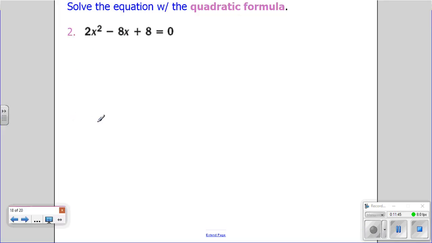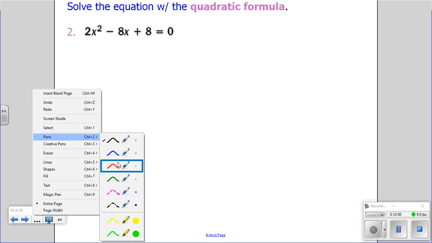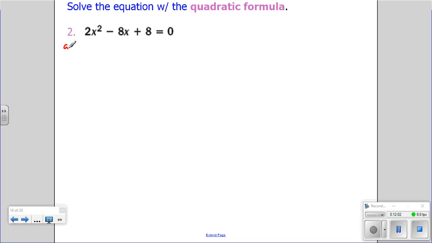All right, for number 2, 2x squared minus 8x plus 8 equals 0. Look at that. They've already done the first step for us, which is make sure it equals 0. So now I just have to establish my ABCs. A being 2, B is negative 8, C is 8. Now we find the discriminant.